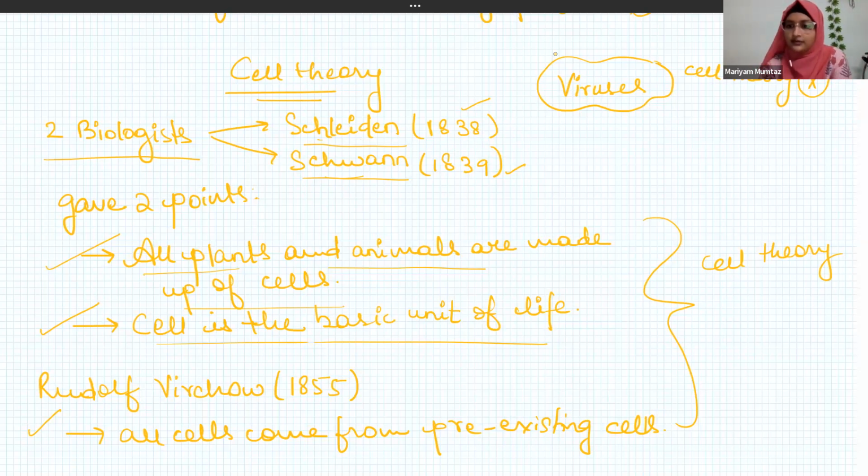So write it down. In the portion where you have written cell theory, at the end write down: viruses are an exception to cell theory.